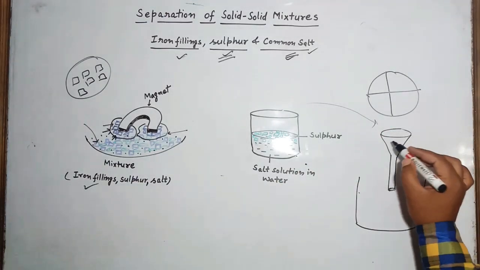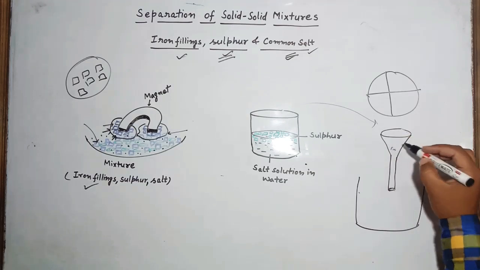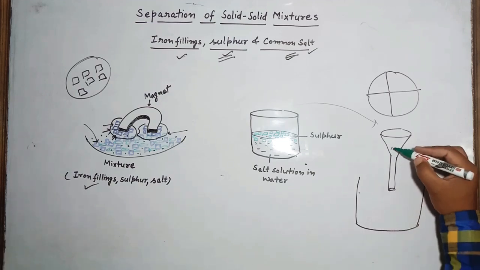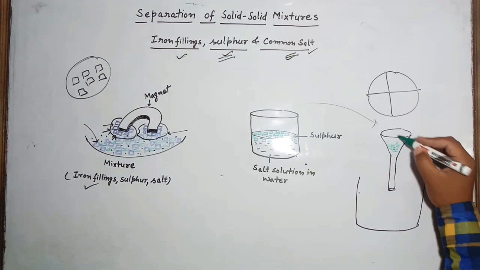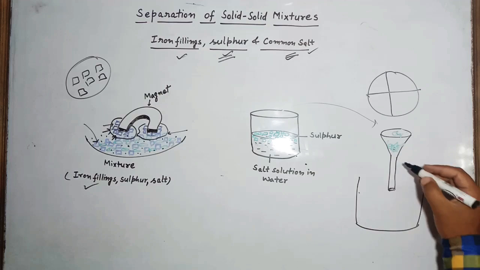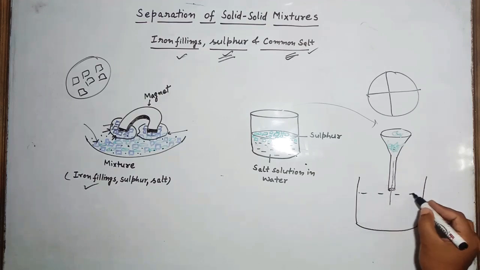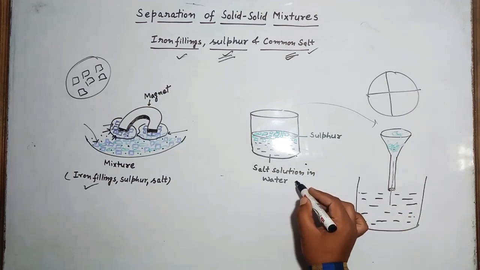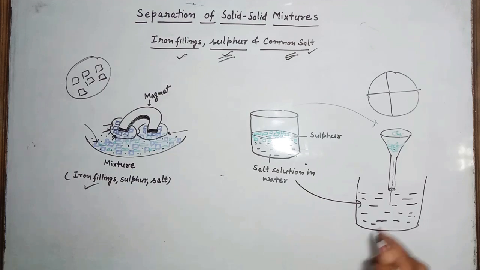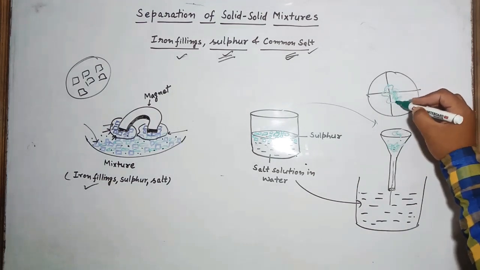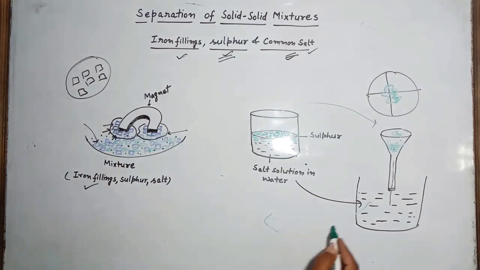So what will happen, the sulfur will remain in the filter paper here only, and whatever the remaining thing, that is the salt solution, will pass through the filter paper and it will be here like this in this beaker. This is our salt solution. Now with the help of this filter paper, it gets separated like this. This is our sulfur. Now what is the remaining thing, that is salt solution.